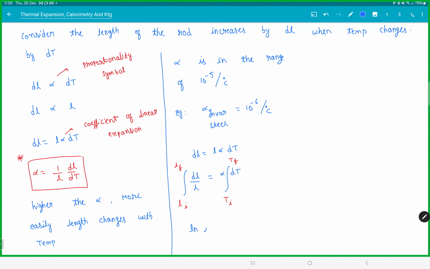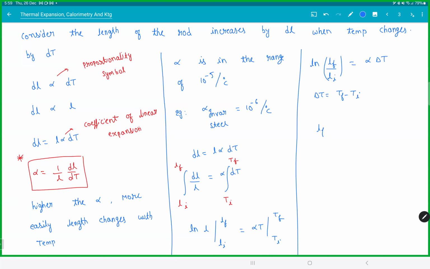This will be ln L, from L initial to L final. This will be alpha T, with limits from T initial to T final. This can be written as ln of L final by L initial equals alpha delta T, where delta T is T final minus T initial.